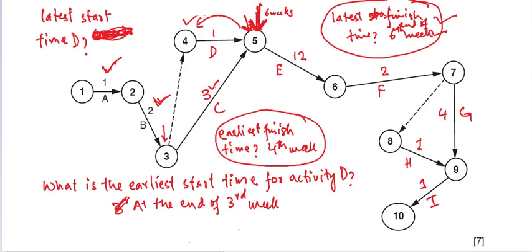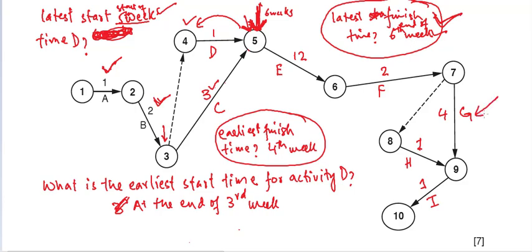Going backwards, we can see that activity D should start at the start of the 5th week, and then it can finish latest at the end of the 6th week. So the latest start would be the start of the 5th week, and the latest end would be the end of the 6th week.